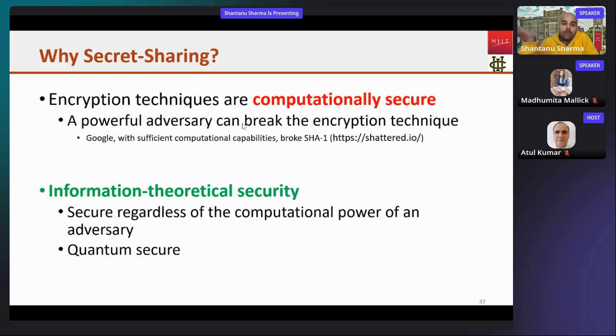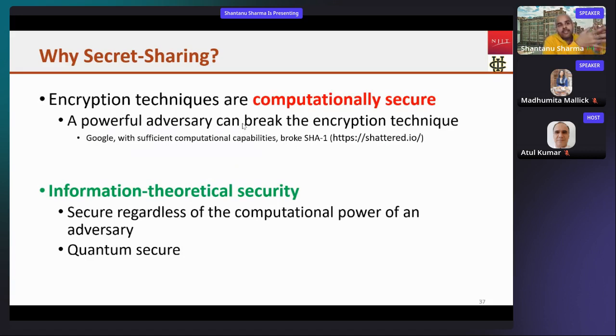And as I told you before, a powerful adversary can break the encryption system. For example, around 2 or 3 years ago, we considered that hashing techniques were completely secure, but Google broke it. They reversed back, from the hash digest, they got the actual text values. So that's why we call these techniques computationally secure.